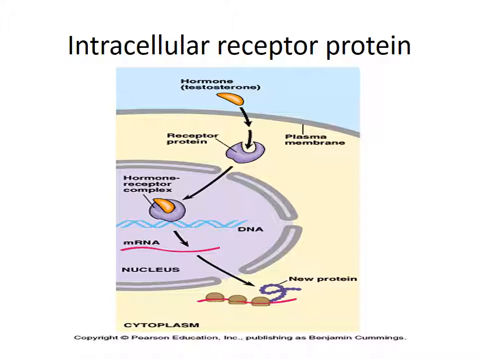And the ligand, or the signal molecule, in this case it's testosterone, it's a lipid, it's a steroid. It can diffuse through the cell membrane. The proteins, they hit the cell membrane and they bounce off. They cannot go through, so they have to bind to a protein receptor on the outside. These guys can diffuse down through the cell membrane, and it'll dock onto a protein receptor within the cell.